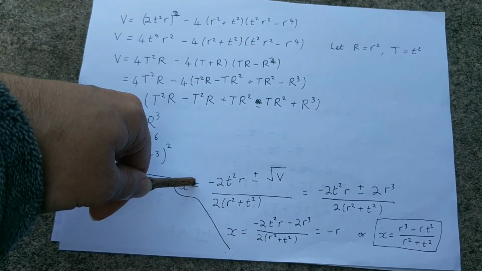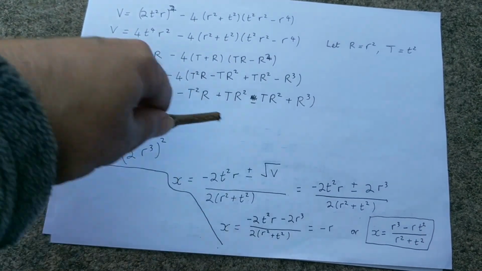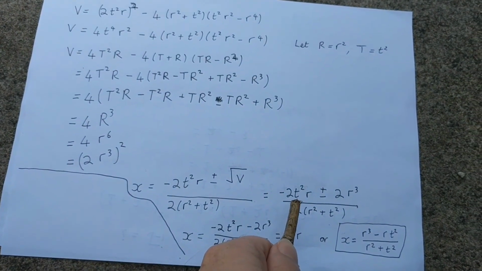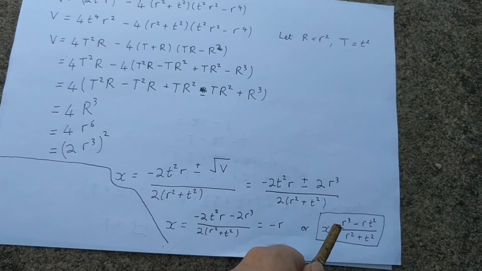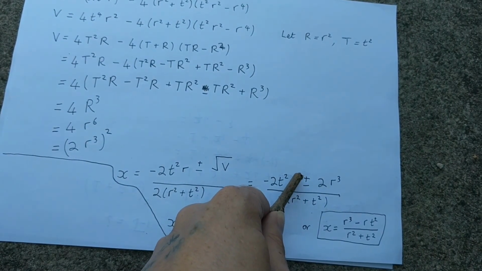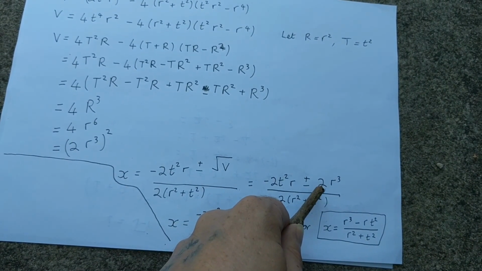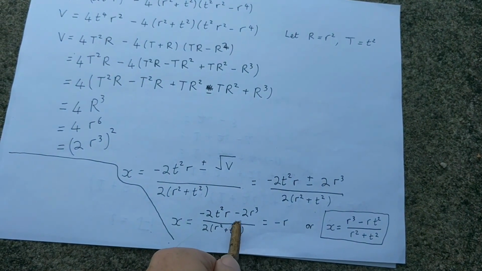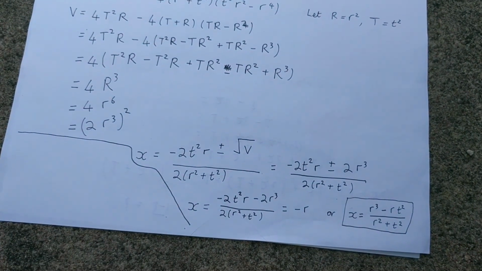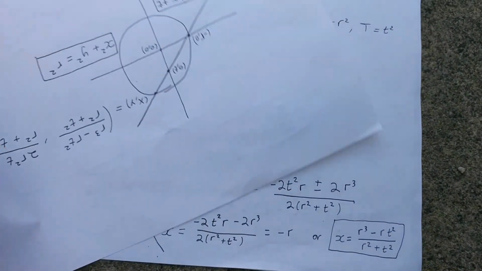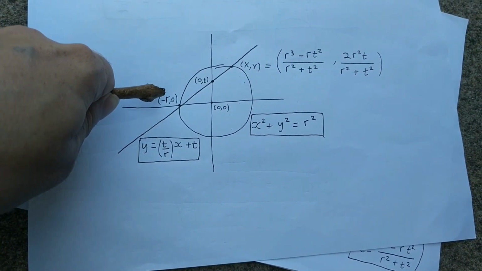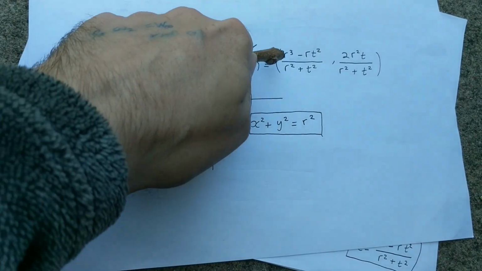So we go back to our equation for x, and we now know that the square root of v is 2r cubed. So this is our formula for x. Indeed, it is a rational thing, and according to our quadratic formula, we're going to take plus or minus this 2r cubed. Now if we take minus it, we get the point where x equals minus r, and if we consult our original picture, we see that's here, and the other point when we do plus is this point here.